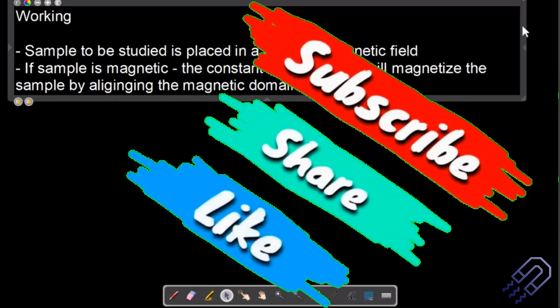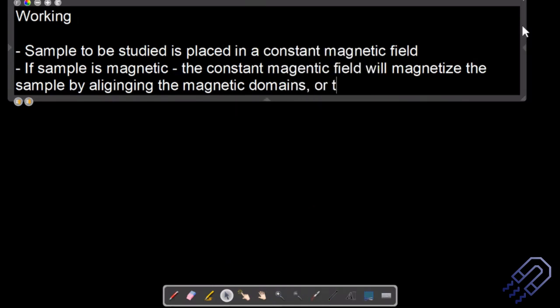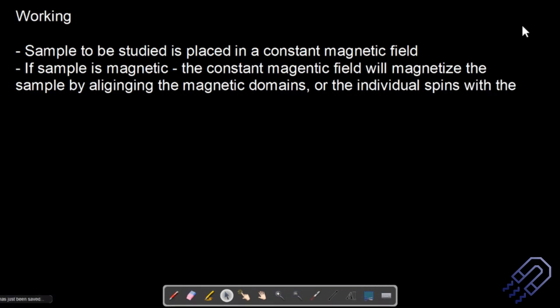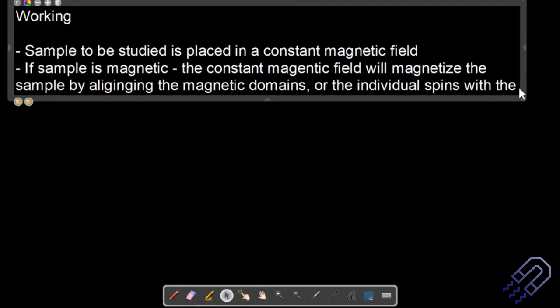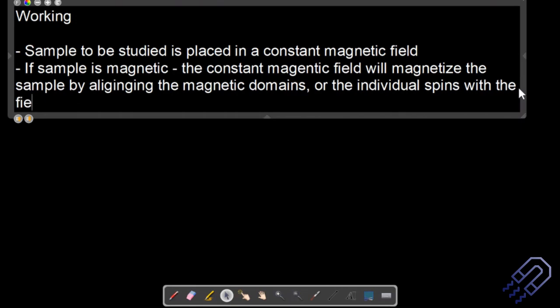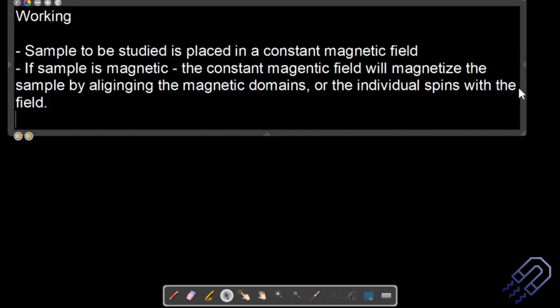The magnetic property of a material is nothing but a consequence of the spin property of the electron. So magnetization simply means that you are aligning the magnetic domains, or aligning the spin of the electron.